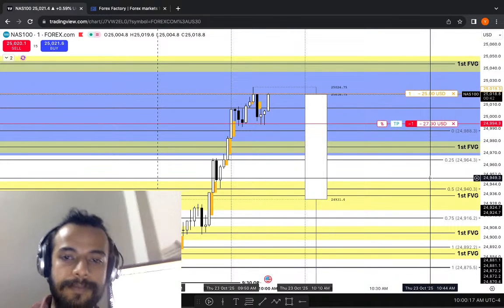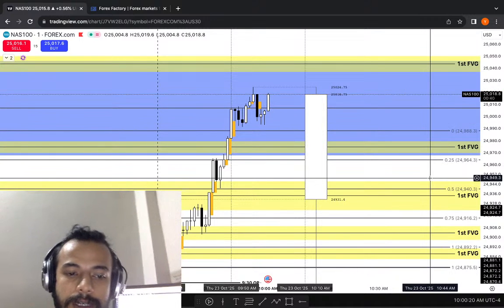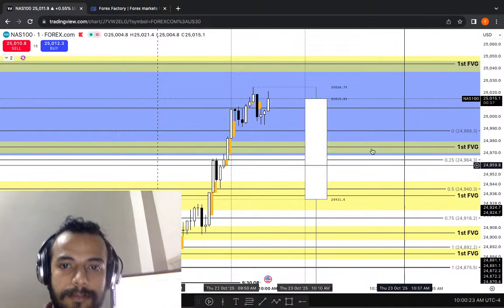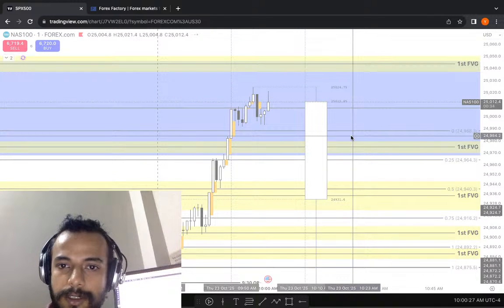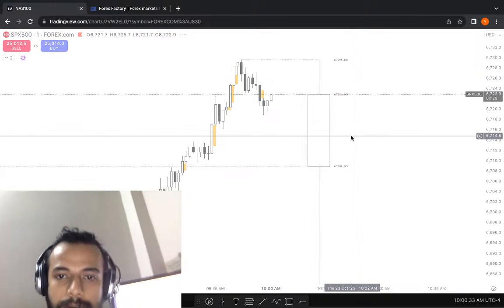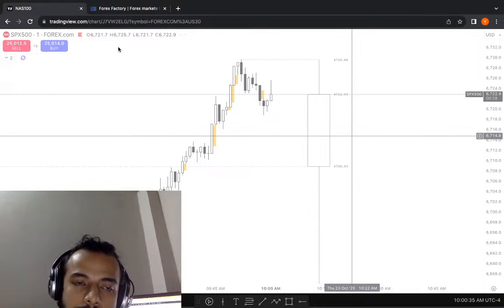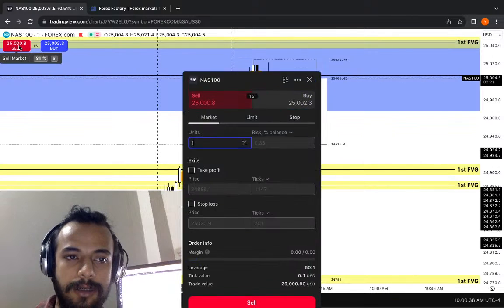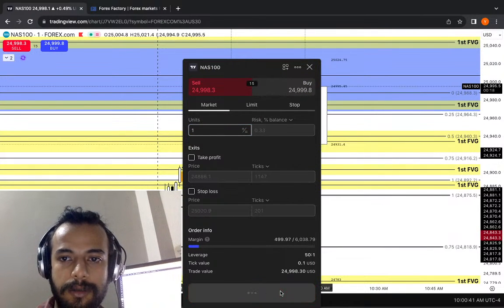Okay, so stop loss got hit. But still it looks like they are going to dump it lower. Look at that, the way they are manipulating it.